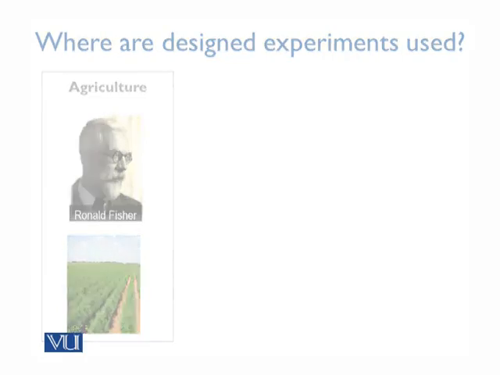He was the chief statistician of an agricultural station in Britain at a place called Rothamsted. And at that place, they were interested in seeing how different fertilizers have an effect on the yield of a farm. So they were conducting experiments for a very, very long time before Ronald Fisher joined them.